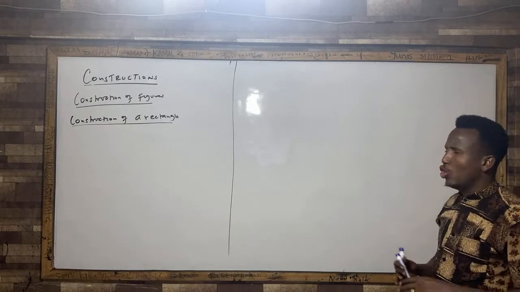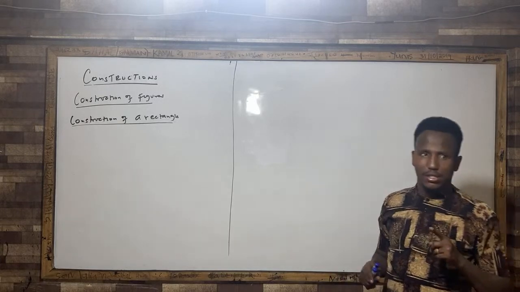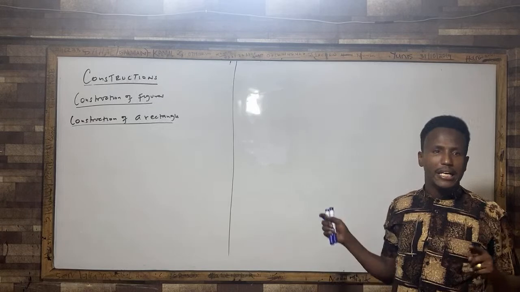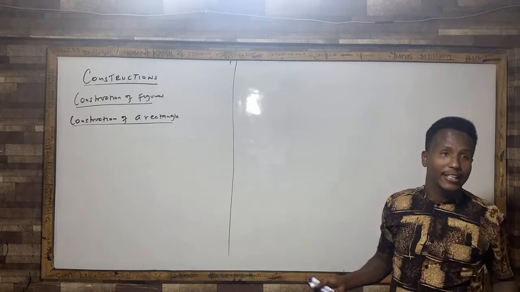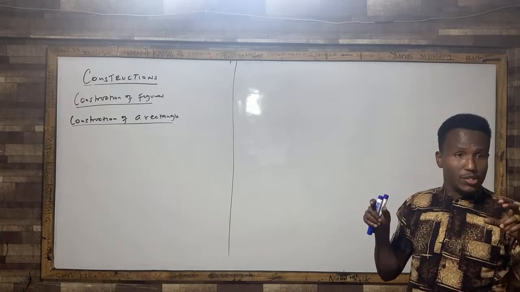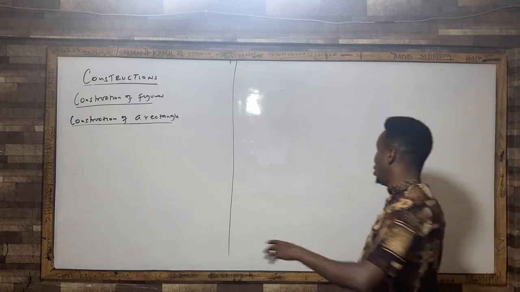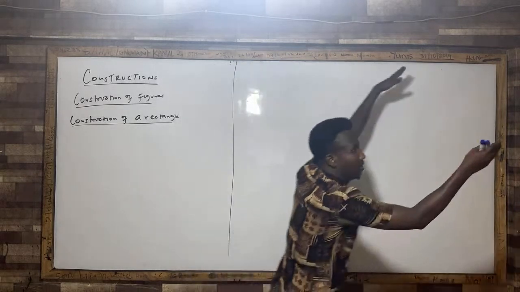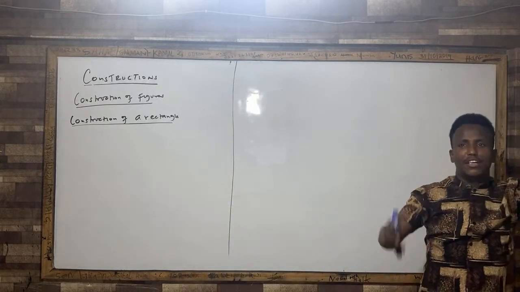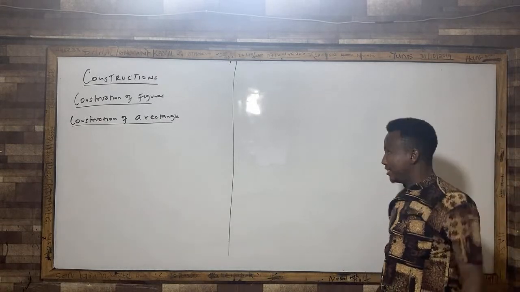The only two figures whose diagonals meet at right angles in mathematics are the rhombus and the square, which we're going to see. Don't worry about them. Then we said also opposite sides of a rectangle are parallel, meaning they will never meet. You see now these two lines will never meet, my friend. They will never meet, even if they reach where the earth meets the sky, which you have never seen.